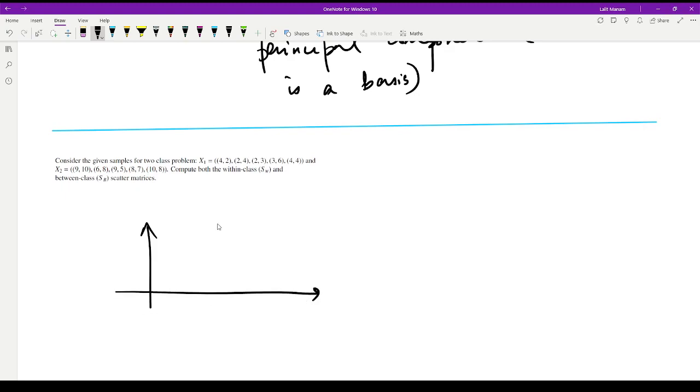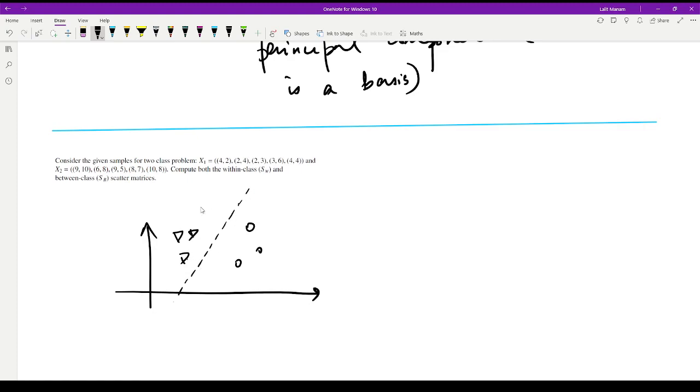I'm just using the example given in the class, and I hope you remember it. So you have two sets of data points. The left ones belong to one of the classes, and the right ones belong to the other class. We would like to find how well they are separated.